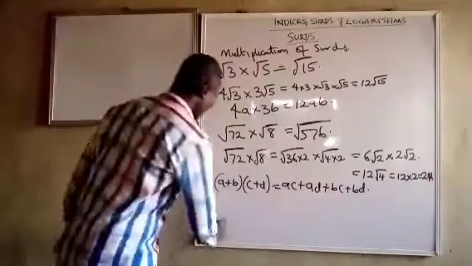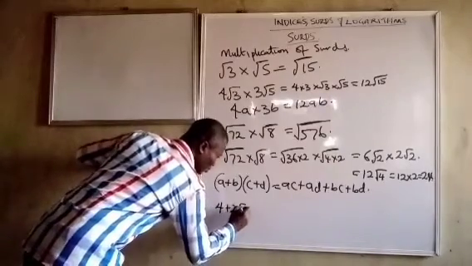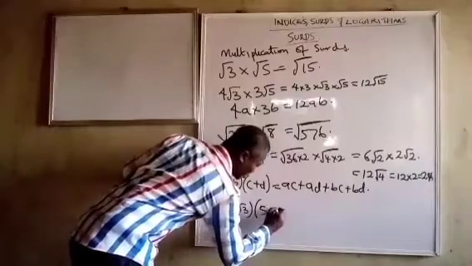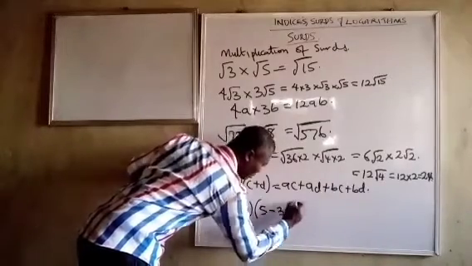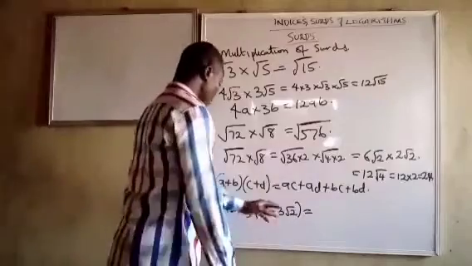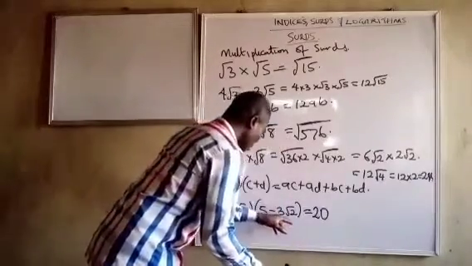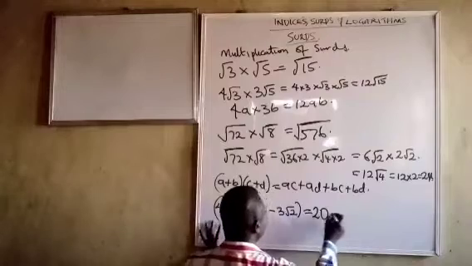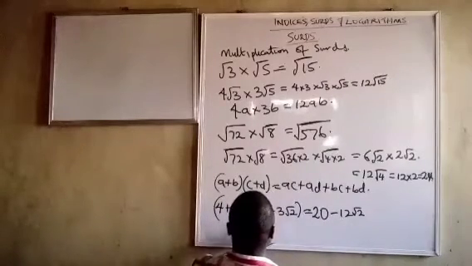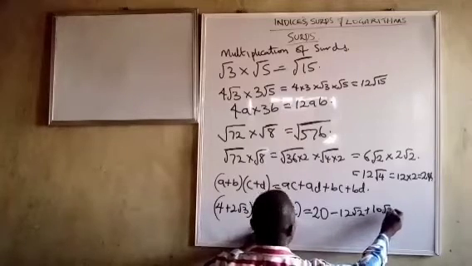Let's look at one. In case you have something like 4 plus 2 root 3 into 5 minus 3 root 2. You are going to take them in turns, just like the normal. So this will be 4 times 5, 20. Then 4 times this one, minus 12 root 2. This one is going to give us plus 10 root 3.